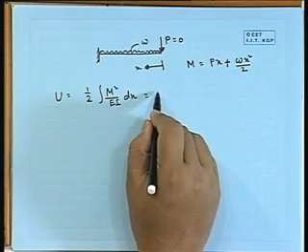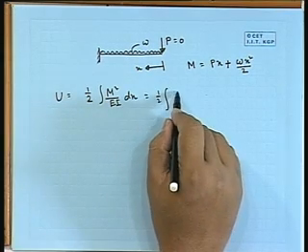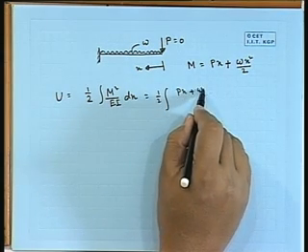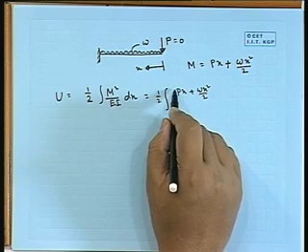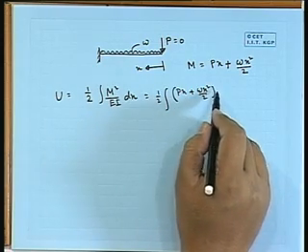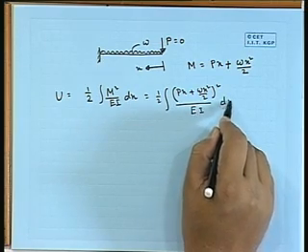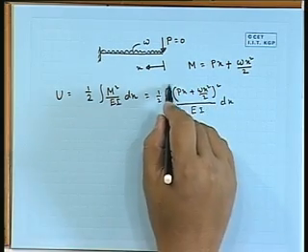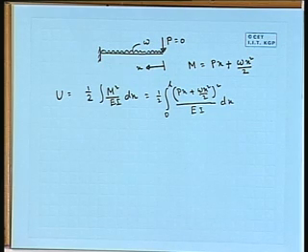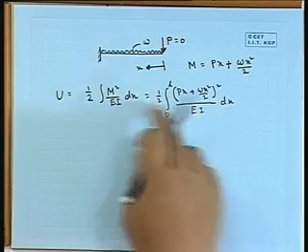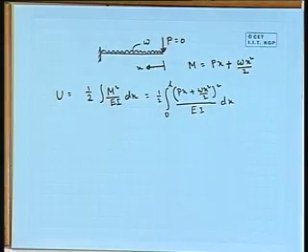So, we can write here, it is px plus omega x square by 2, whole square. I have just substituted the value of m. Okay.